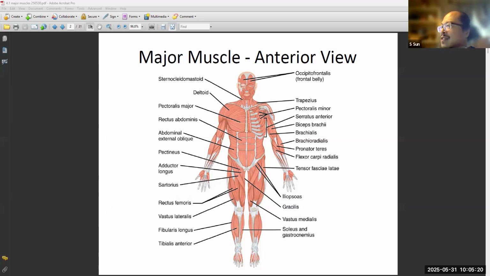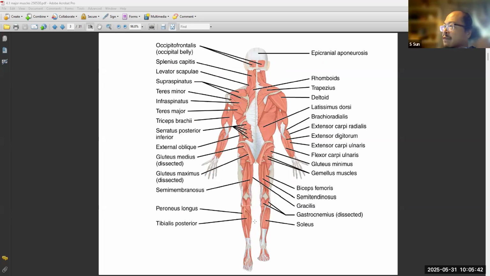And then the remaining is very much associated with the posterior side. But what we can see here is the soleus and the gastrocnemius. So it has two muscles. It doesn't really tell the difference, but later we will see that. Let me show you here. Soleus and the gastrocnemius right here. So if you look at the back, the posterior, the most superficial one is the gastrocnemius.